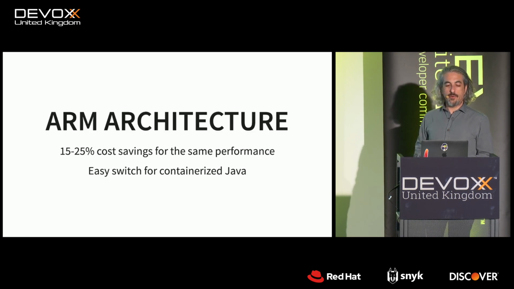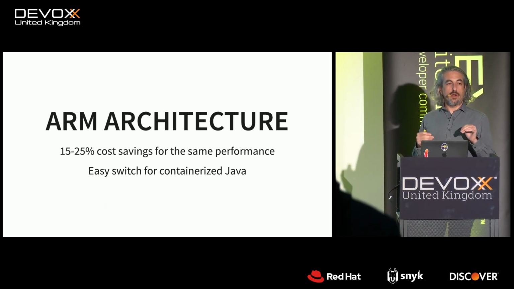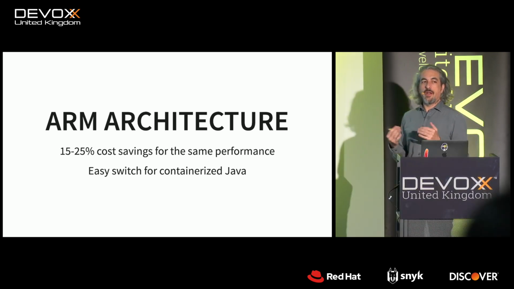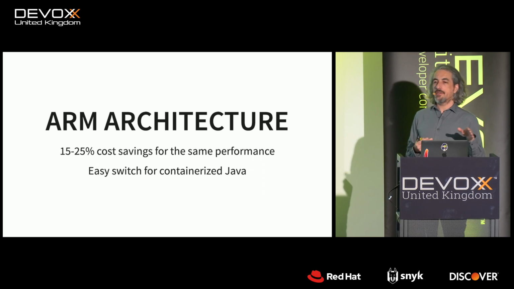Another thing that we are doing right now is switching as many workloads as we can to ARM, because we figured out that this is going to save us like 15 to 25% just by switching, just by saying, run this on ARM. If you are running Java, it's very easy. You have a bunch of JDKs that have Docker images that are ARM built.